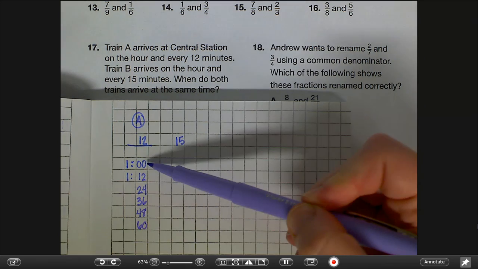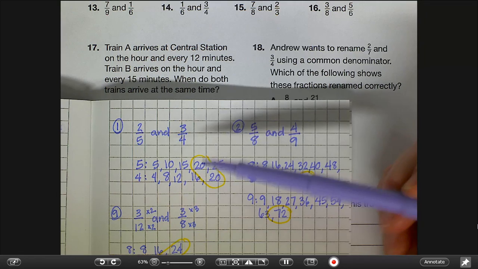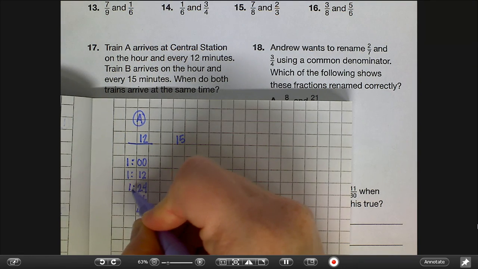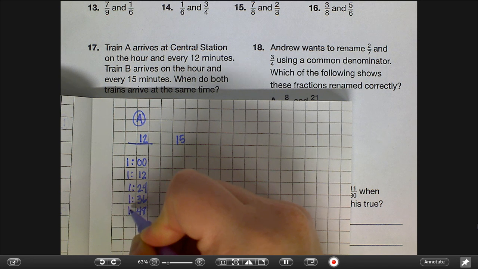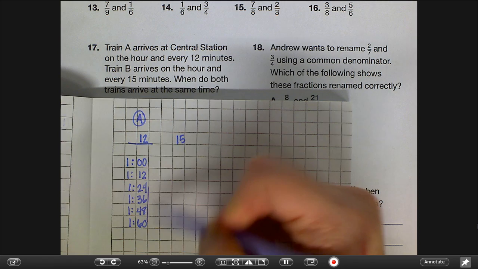So you will see this is exactly the same as what I did here. I just decided, because it's time, to list them like this. Okay, so in the 1 o'clock hour, this train A would arrive 6 different times.